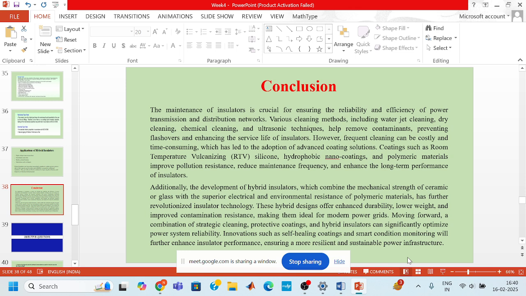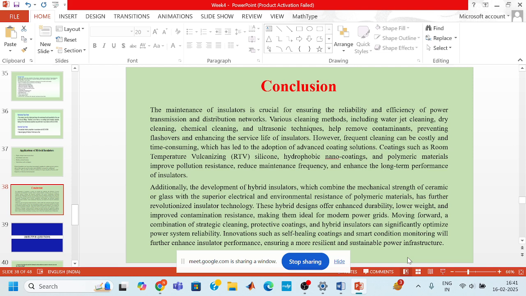So, these hybrid designs offer enhanced durability, lower weight, and improved contamination resistance, making them ideal for modern power grids. And moving forward, a combination of strategic cleaning, protective coatings, and hybrid insulators can significantly optimize power system reliability.